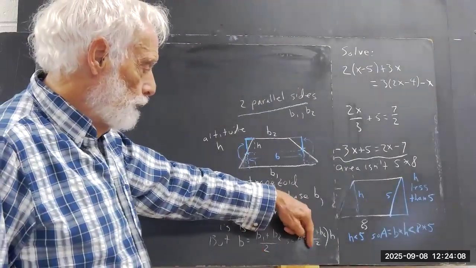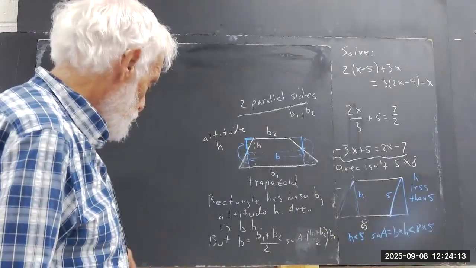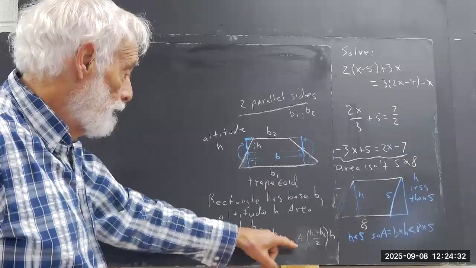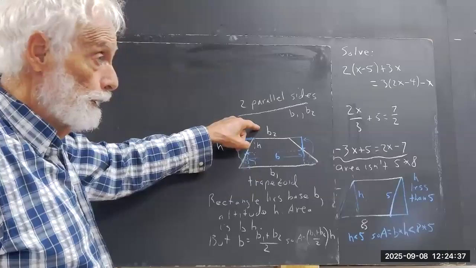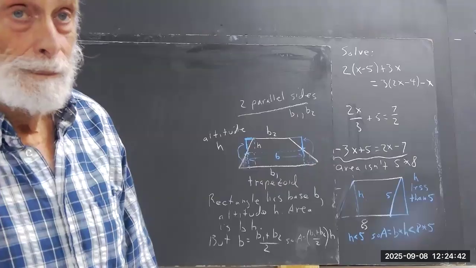It's B1 plus B2 over 2 times H. Now you have a formula that looks like that, but it's equivalent to a rectangle, and it has to have a base that's halfway between the two bases, and the altitude hasn't changed.